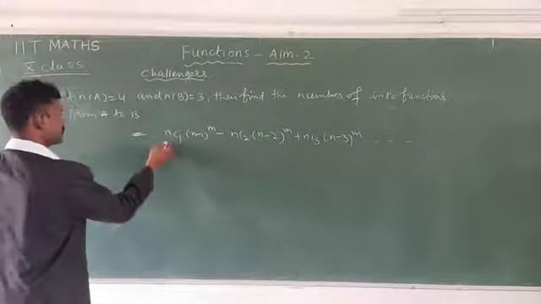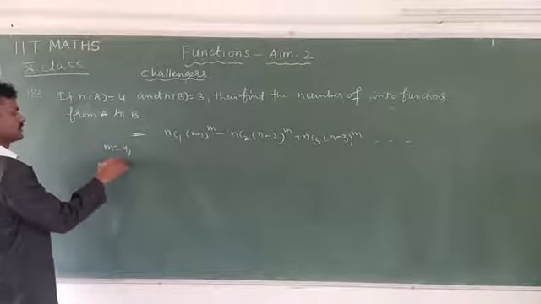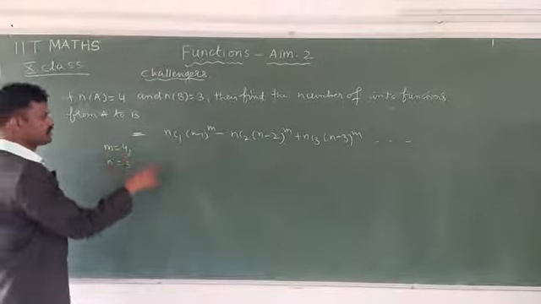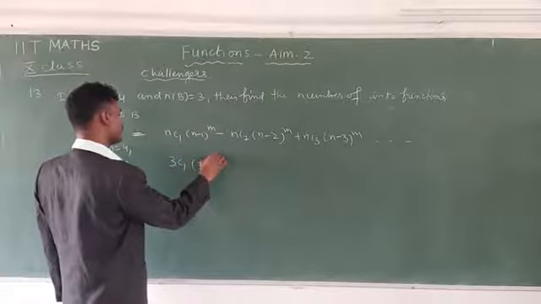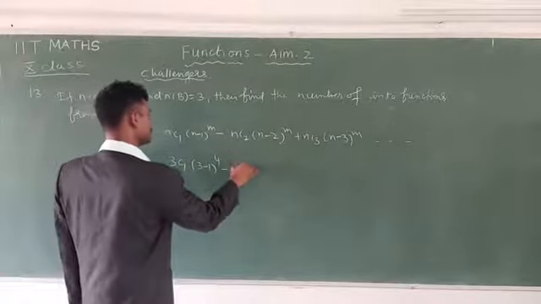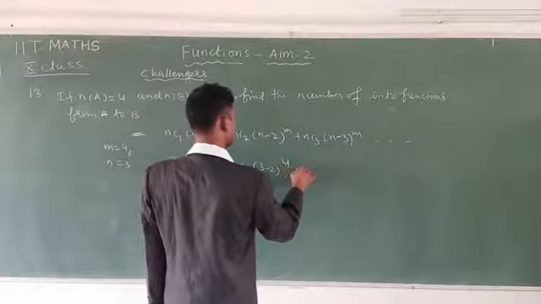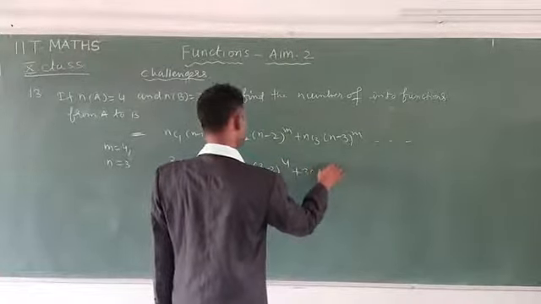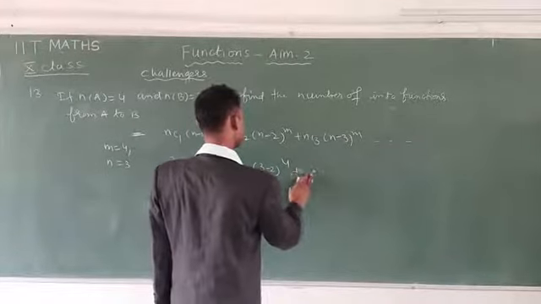Now here m is equal to 4 and n is equal to 3. Substitute: 3C1 (3 minus 1)^4 minus 3C2 (3 minus 2)^4 plus 3C3 (3 minus 3), which is 0, so you can leave that one.